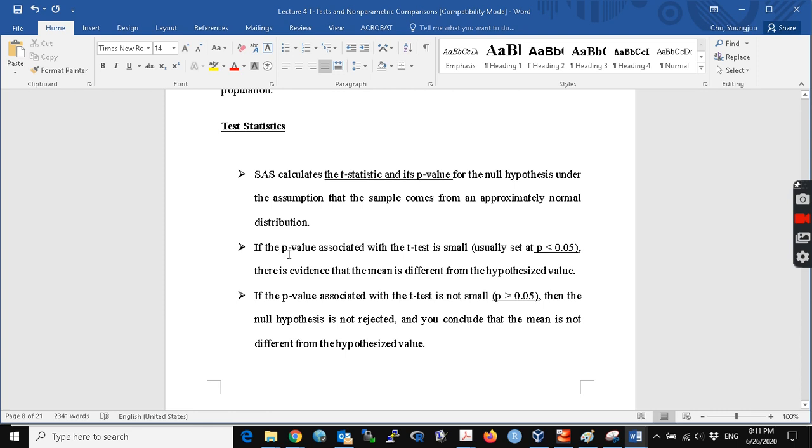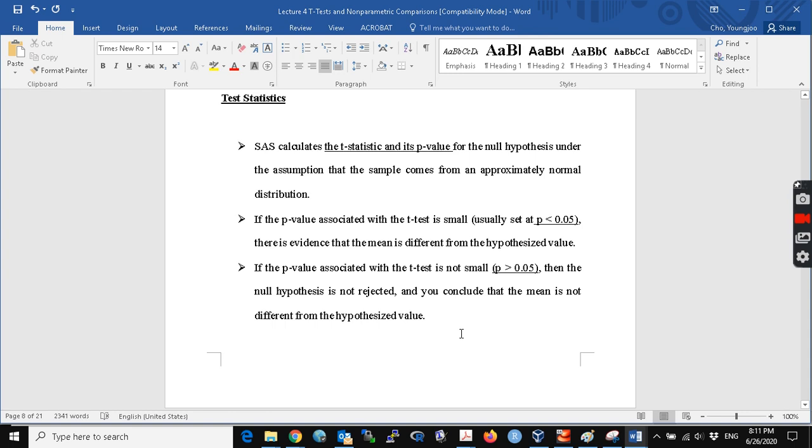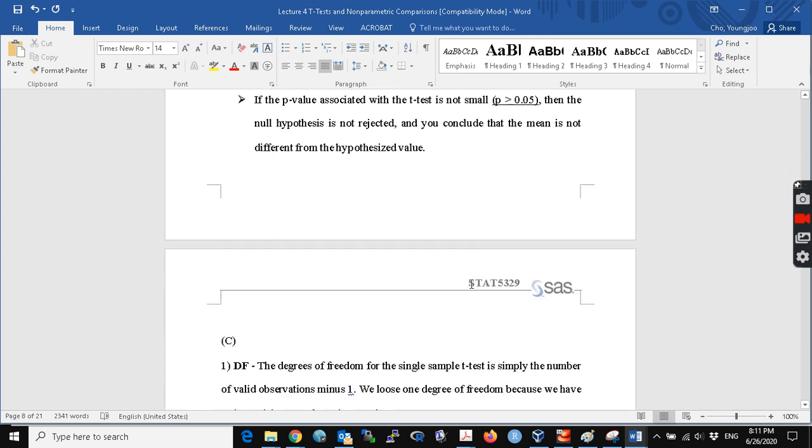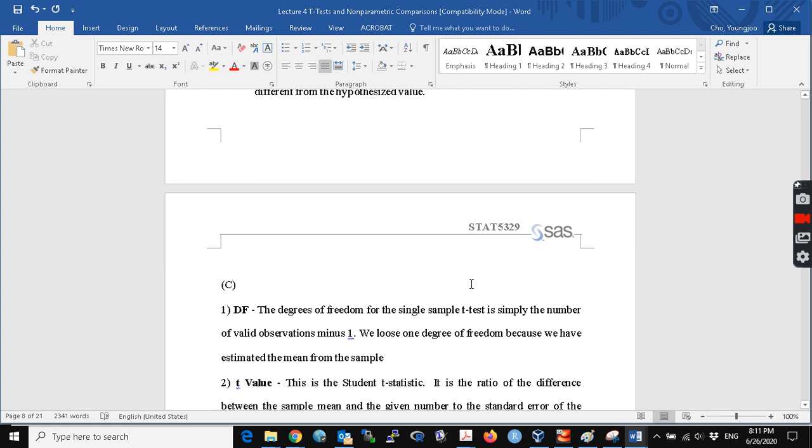So if your p-value is very small, then you reject the null hypothesis, which means there is evidence that the mean is different from the hypothesized value. If the p-value is greater than 0.05, then you do not reject the null hypothesis, which means the mean is not different from the value in your hypothesis.